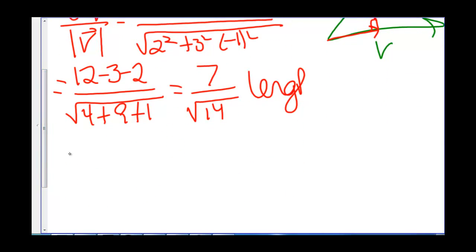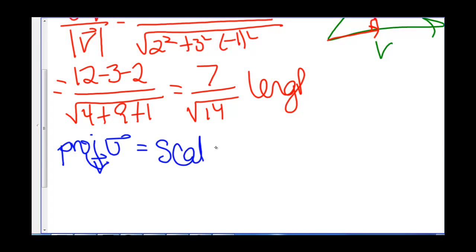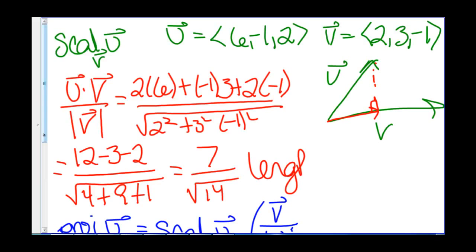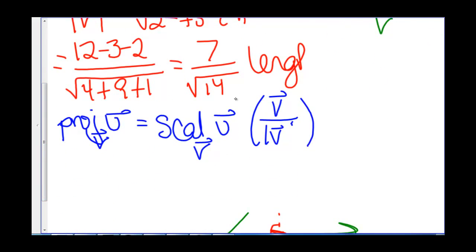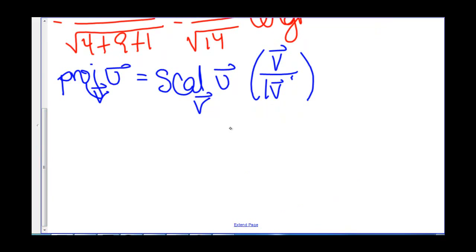So if we want to find the projection of u onto v, we can multiply the length, the scalar component, times the vector v divided by the length of v. So doing that, we know our scalar component is 7 over the square root of 14.